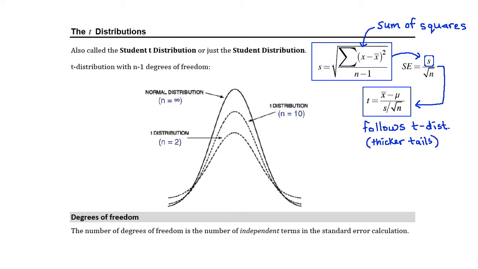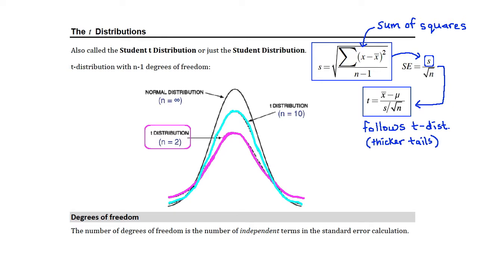Another thing about t-distributions is there isn't just one. We have just one standard normal distribution, but we have lots and lots of t-distributions. So we have a few drawn here so that we can see the comparison between them and the normal distribution. For example, for n equals 2, meaning a sample size of 2, we have the distribution that I have just now outlined in pink.